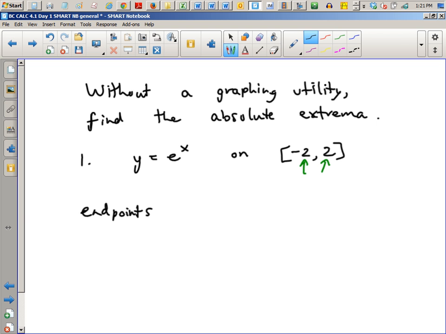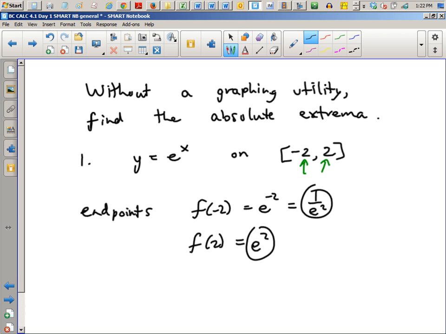So for endpoints, we're going to find f of -2, which of course is just e to the -2, and f of 2, which of course is just e squared. Now, what are these numbers? I told you not to use a calculator. So who's bigger though? E squared or 1 over e squared?